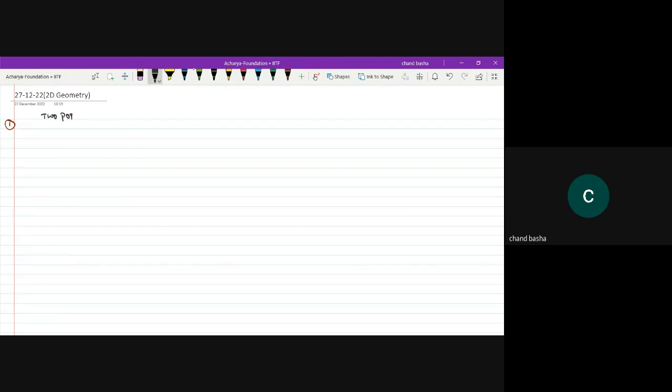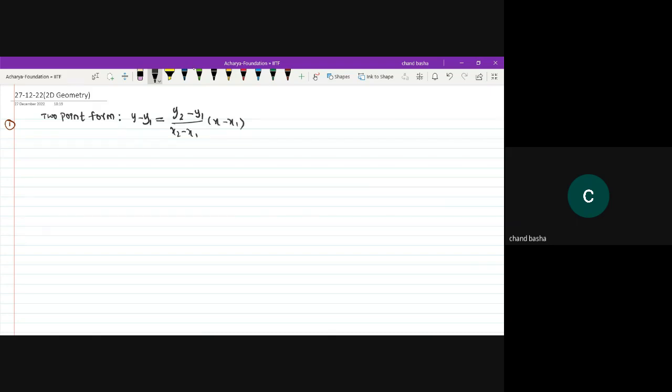Equation of the straight line in 2-point form. What is meant by 2-point form? Y minus y1; I can make use of point and slope form only, but with the slope formula y2 minus y1 divided by x2 minus x1, into x minus x1.